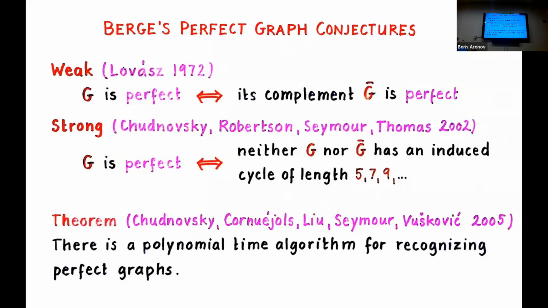Yeah, right? But it doesn't have a cycle of length 5, 7, 9. That's true. So I guess that you have to assume that the number of vertices is at least 5. At least 5. Yes.